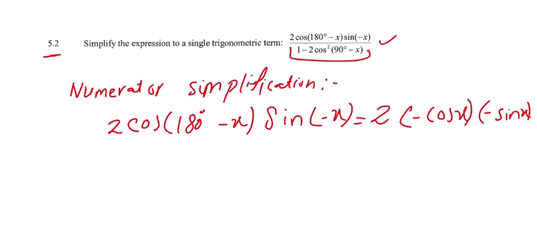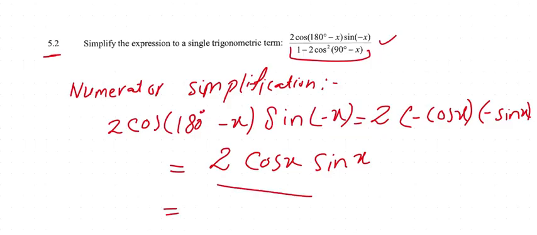Cos 180 degrees minus x gives minus cos x. After simplification, minus minus goes to plus, and we have 2 cos x sin x. Using the double angle identity, as you know, this term is equal to sin 2x, since sin 2x equals 2 cos x sin x, okay?